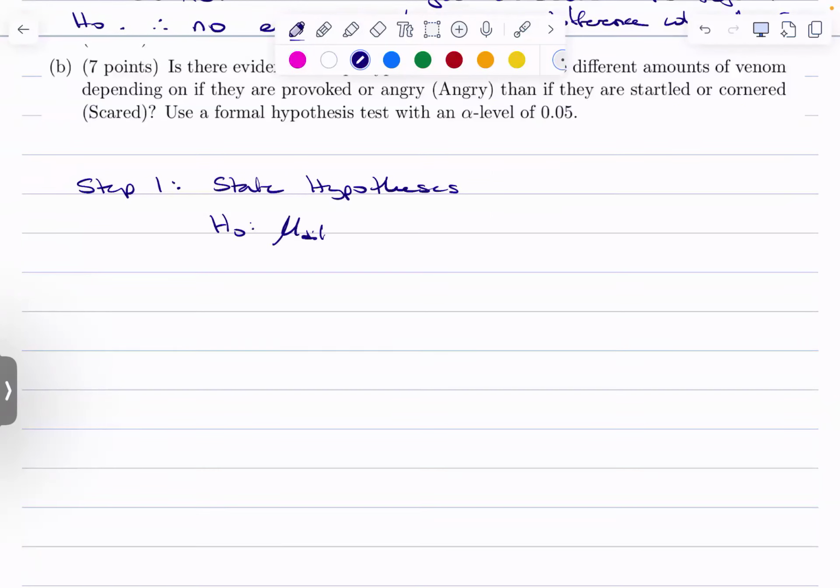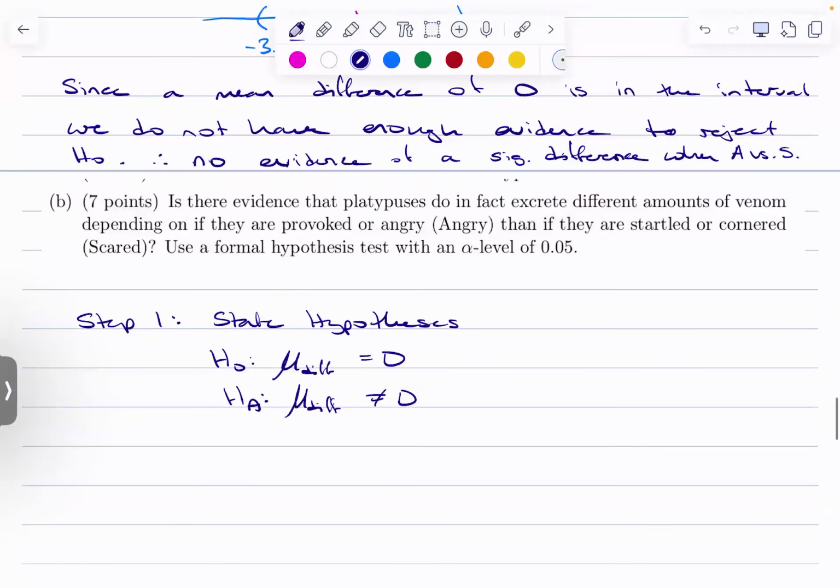We know that, okay, from the type of question, it has to be mu diff is equal to 0. The alternative, we know already it has to be not equal to 0. That was for the confidence interval, but it's also because we want to know if they excrete different amounts.